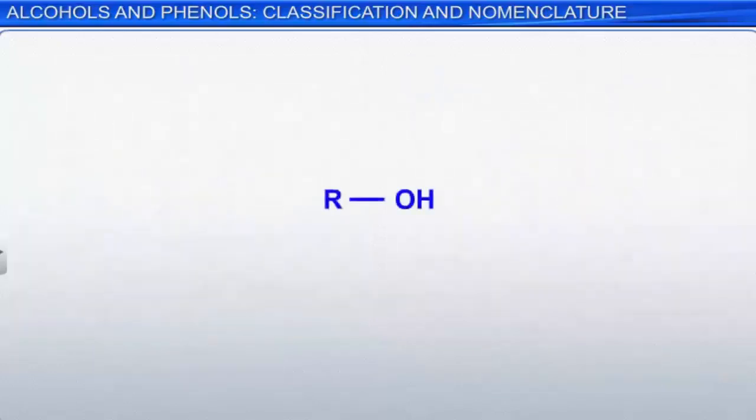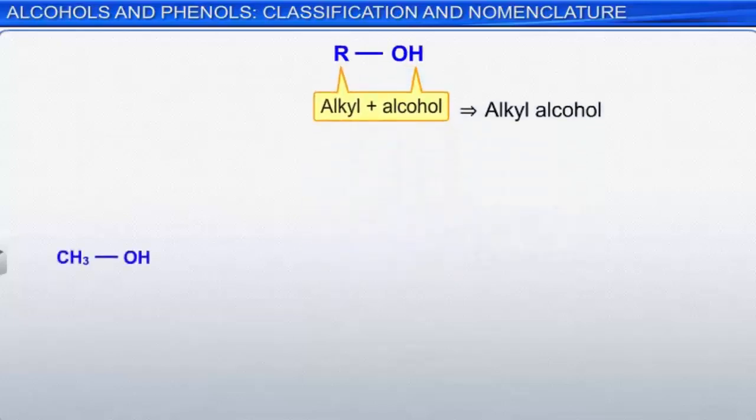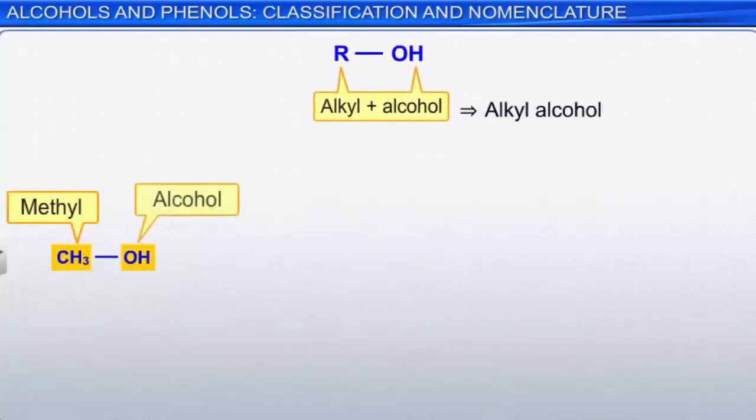Now that we understand the classification of alcohols, let's turn to their nomenclature. The common names of alcohols are derived from the name of the alkyl group with a yl ending, plus the word alcohol. For example, the alcohol with the formula CH3OH, shown on the left, is commonly called methyl alcohol.